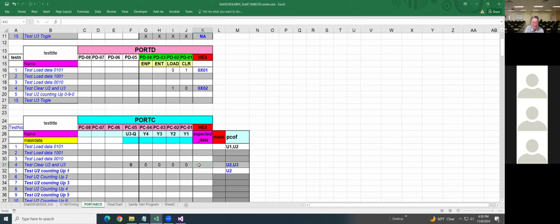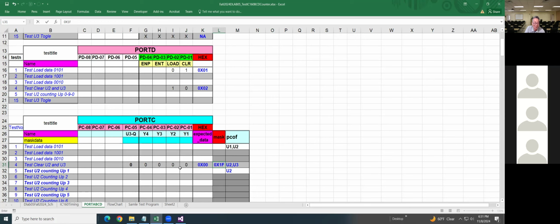Okay, expect data 0, 0, X, 0, 0. 0, 0. However, mask data 0, I quad. 1F. It would be 1, yeah, because you'd mask the 1 because you're looking for logic 0.